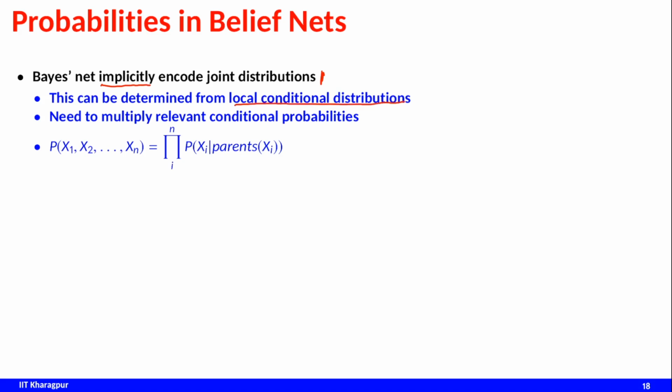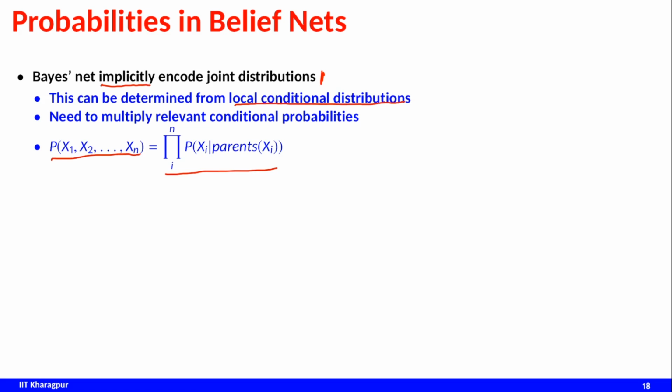The only thing is, we have to multiply the appropriate conditional probabilities. So when we are interested in finding the joint probability, this expression has to be broken down as a multiplication of a few conditional probability values, so that we can determine the required value easily.